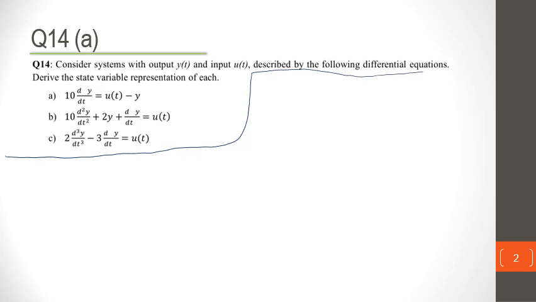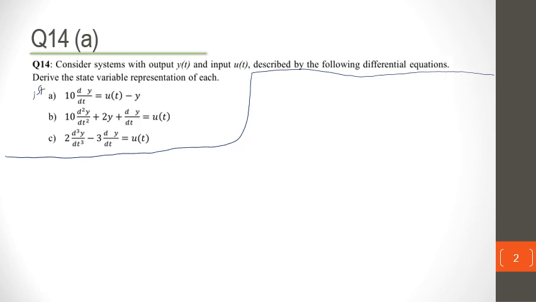As a general rule, when you tackle such problems, what you will notice is that if the differential equation is of the first order, it has a single state. The order of the differential equation generally gives you the number of states that your model will have. So if you have a single differential equation describing a system, the order gives you the number of states.